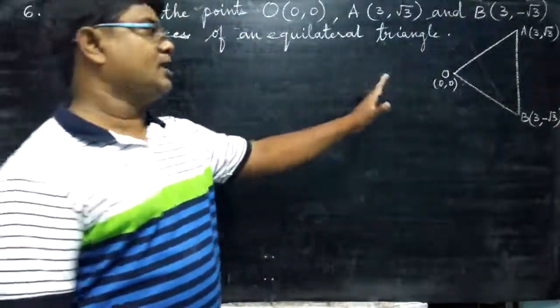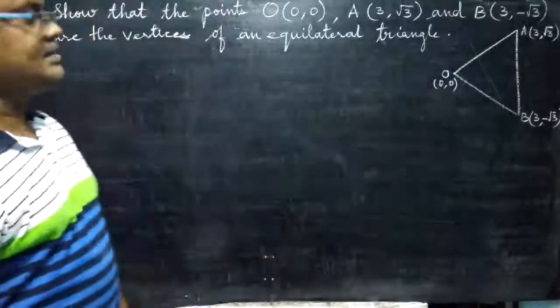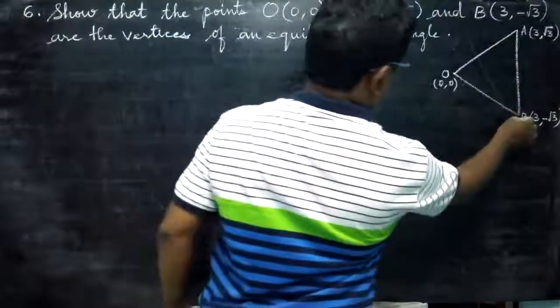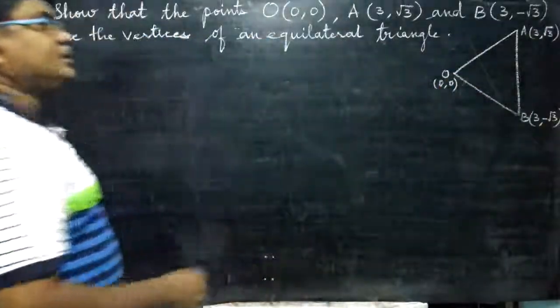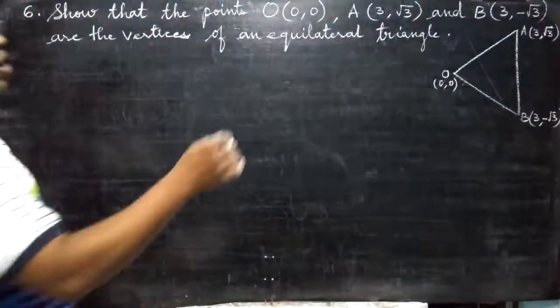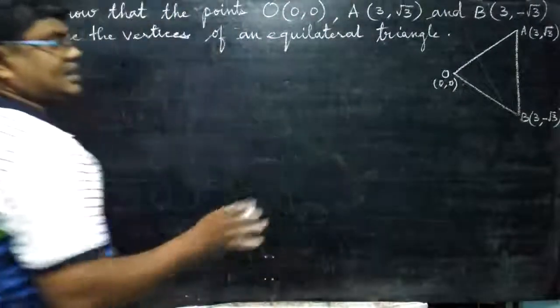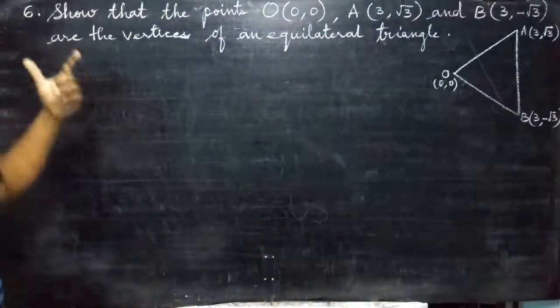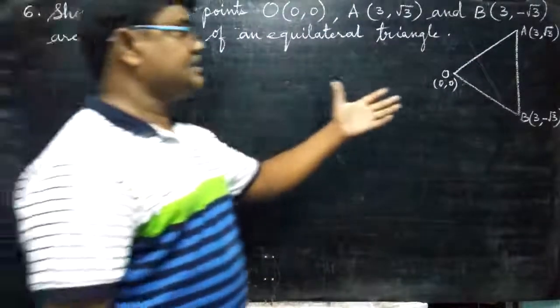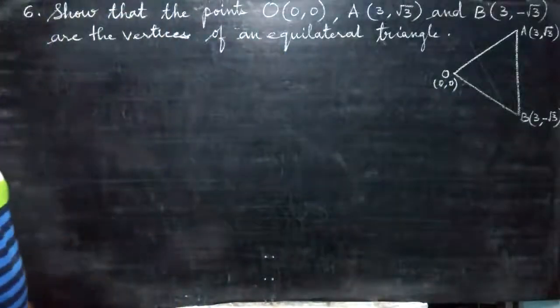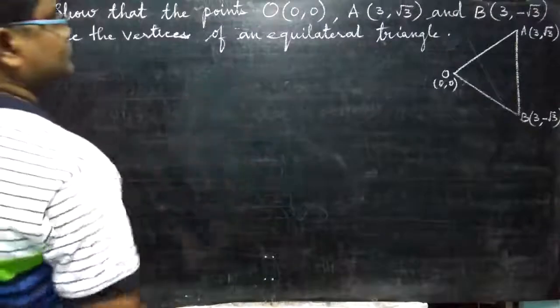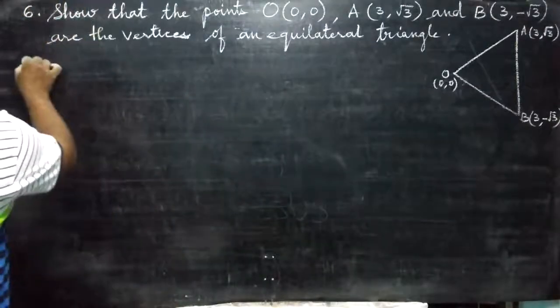But we won't go for angles. We will compare sides: OB how much, BA that much, AO should be that much. If all three sides give the same answer, then it is proved. Out of three sides, suppose any one side is not equal, then it is not an equilateral triangle. So we are going to take sides.